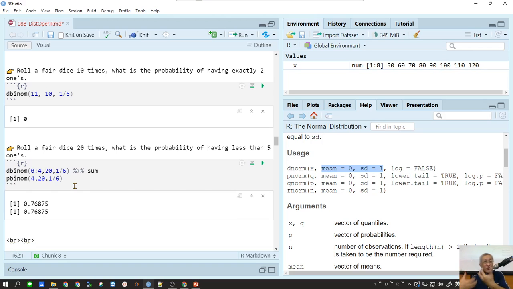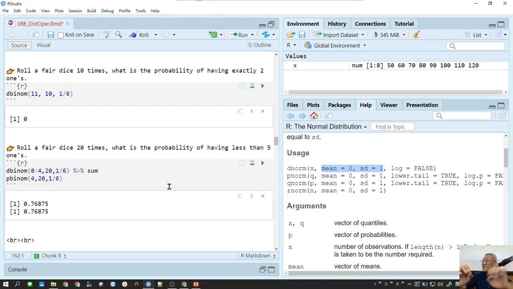So this is to give you some exercise about how to use this P function. And let me emphasize it again, right? This P function is a little bit tricky. For a discrete distribution, it actually returns the probability directly.